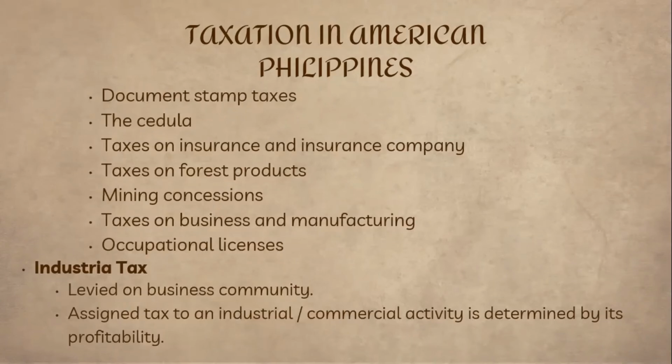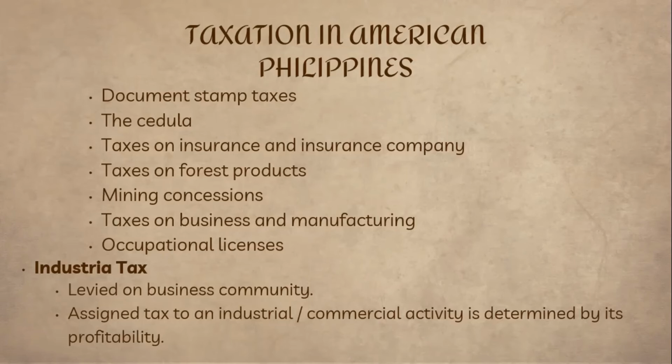There are 10 major sources of revenue. Number one, license taxes on the firms dealing on alcoholic beverage and tobacco. Two, excise taxes on alcoholic beverage and tobacco products. Three, taxes on banks and bankers. Four, document stamp taxes. Five, the cedula.